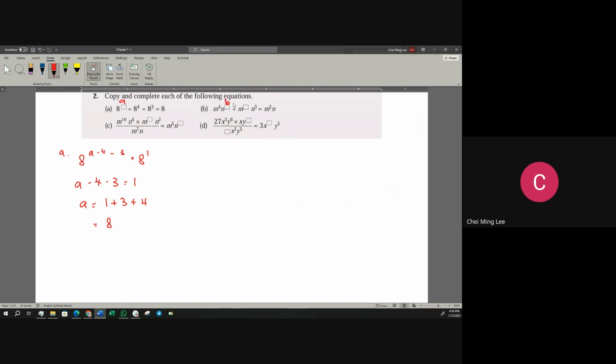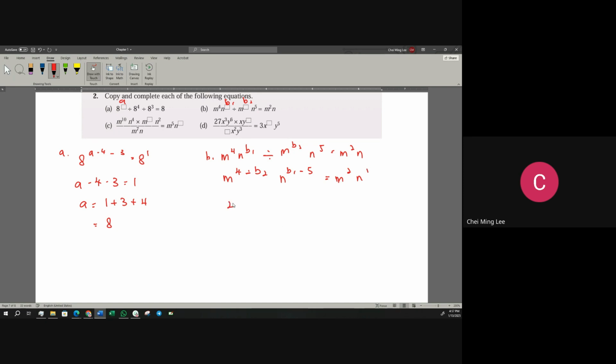B1, B2. Okay, so for B, m4 and B1, divided by mB2 and 5 equals to m2 and 1. So we divide this one first. m4 plus 4 minus B2, correct? m4 minus B2 and B1 minus 5 equals to m2 and 1.